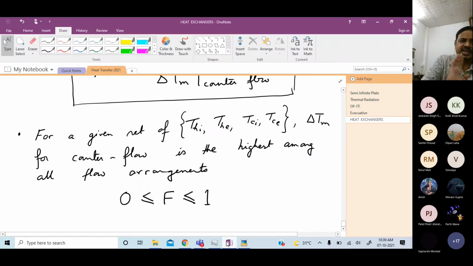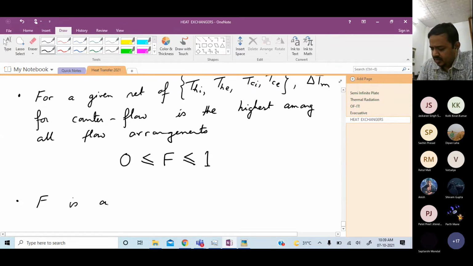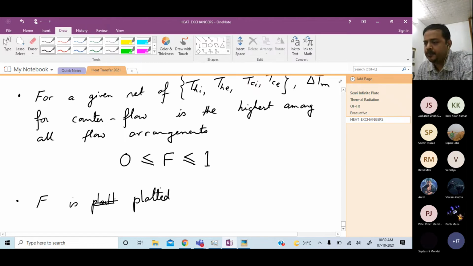Now the question that you may ask is, okay, I know how to do this. That's fine. So F, as we saw, is plotted as a function of two terms.